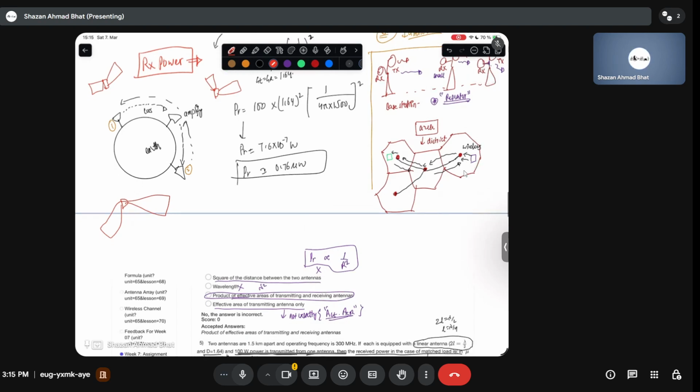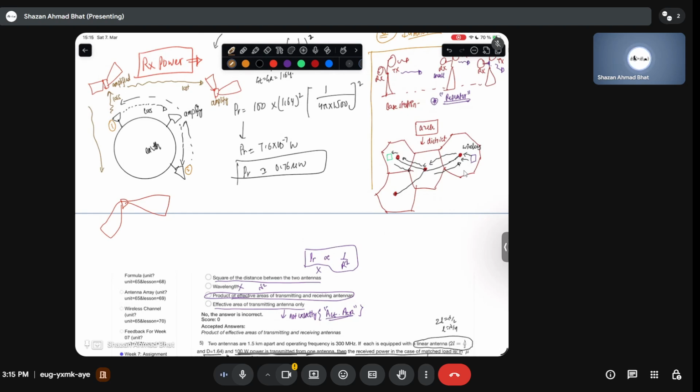So if this antenna transmits a signal to here, there are losses. A small part of it reaches the satellite, and then it's amplified here. So it acts like a repeater. Then it's transmitted to this satellite or the other satellite, and again it's lost here, and then again it's amplified. So it's a complicated circuitry of electronics and signal processing. Low noise amplifiers are used.